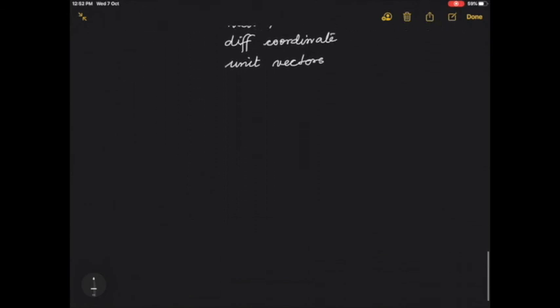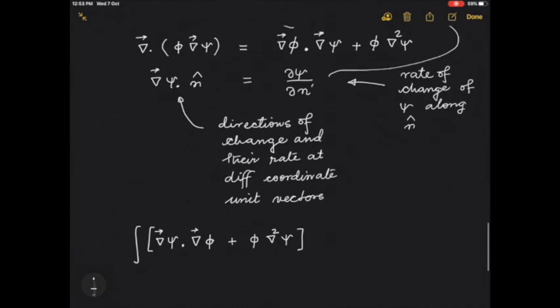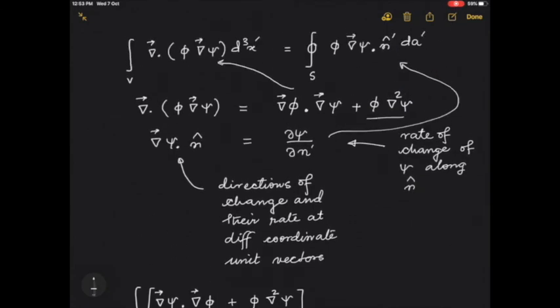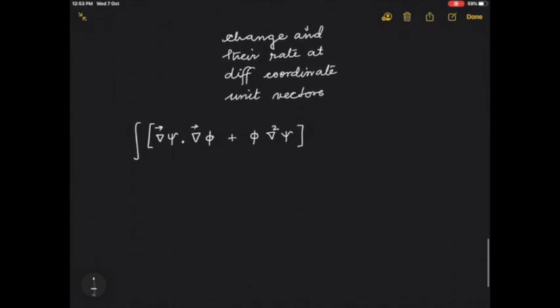So I will write this here and this there. What will I get? I'll get the following: the dot product with gradient of phi. Right, so that is these two replacements in the left hand side.